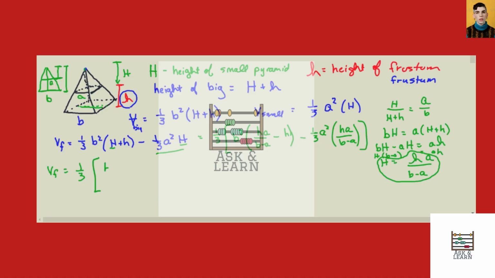B squared times h times A over B minus A, minus 1, minus A squared times h times A over B minus A.